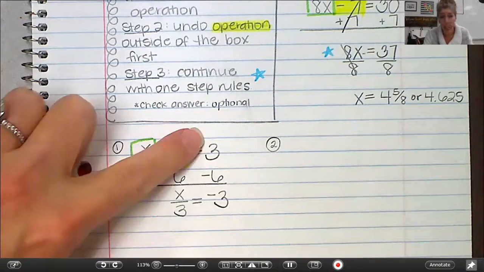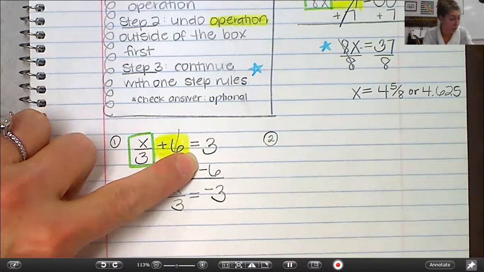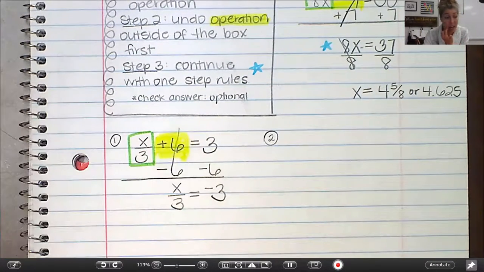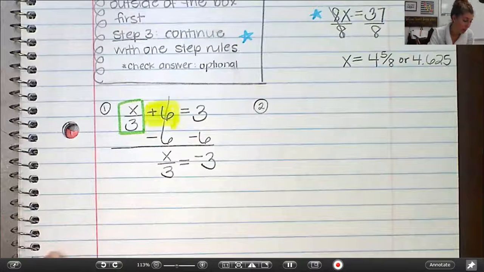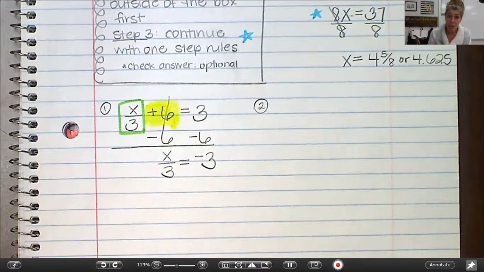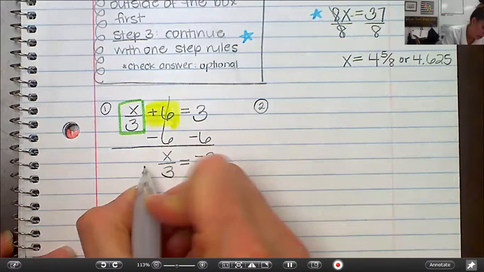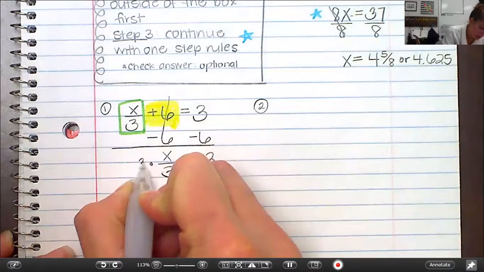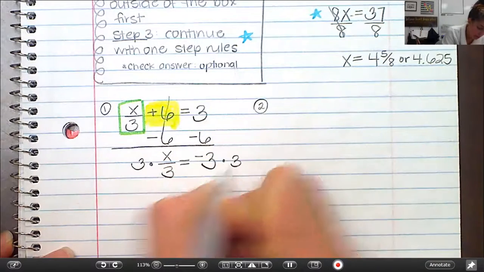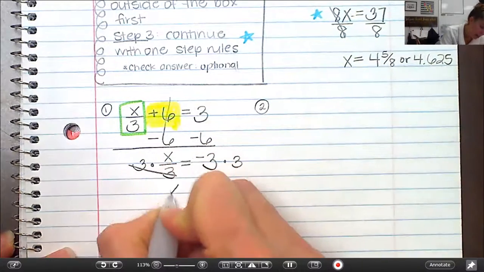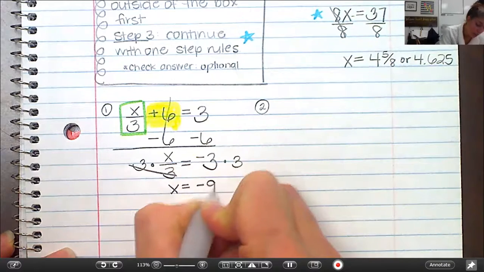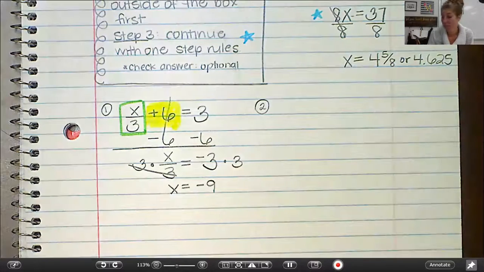Okay, remember you're using calculator for that too if you need it. 3 minus 6. Okay, use the tool. So now I need to undo my dividing by 3. So I'm going to multiply by 3 on both sides. And x equals negative 9. Negative 9. Okay.